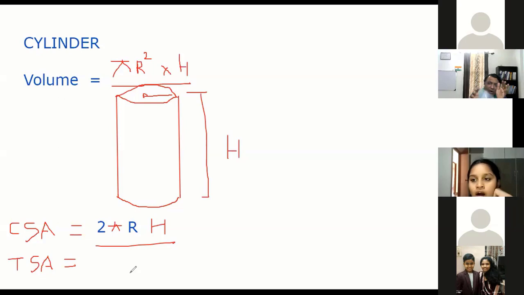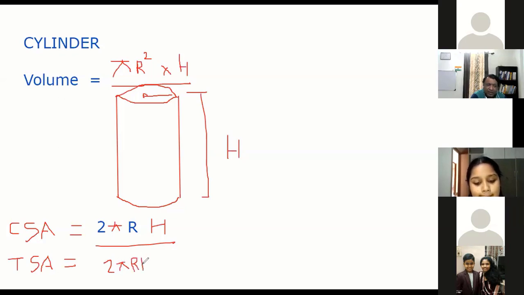Pi r square. What is the area of the top? Pi r square. Pi r square on top, pi r square on bottom. Yes, 2 pi r square, right? So 2 pi r h was the curved area, correct everybody?